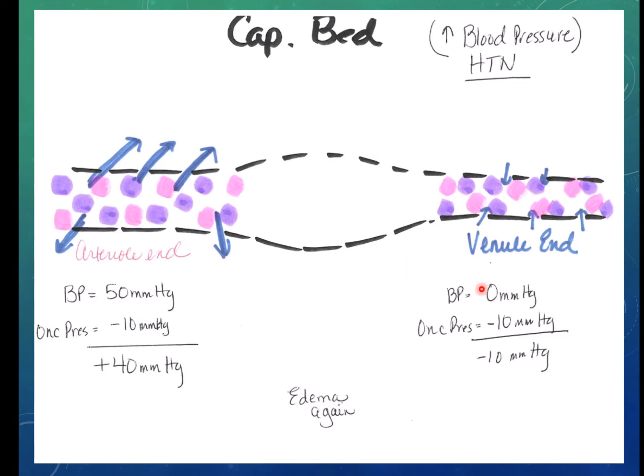Then on the venous end, our colloids are still the same. It's still going to do the same job, so it's still only pulling in a -10. So that leaves 30 out in the interstitial spaces. We know lymph can take care of 10, but holy Toledo, that's going to leave quite a bit of fluid out in the interstitial spaces. And that's why my answer to this is edema again.